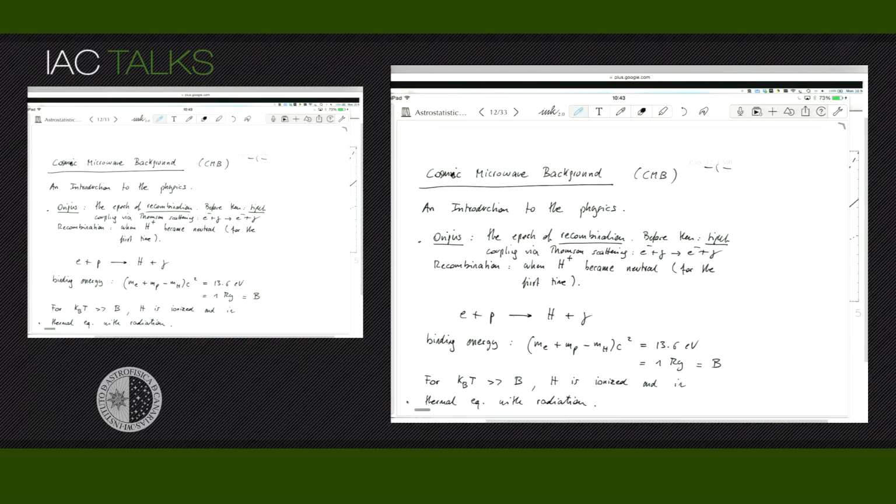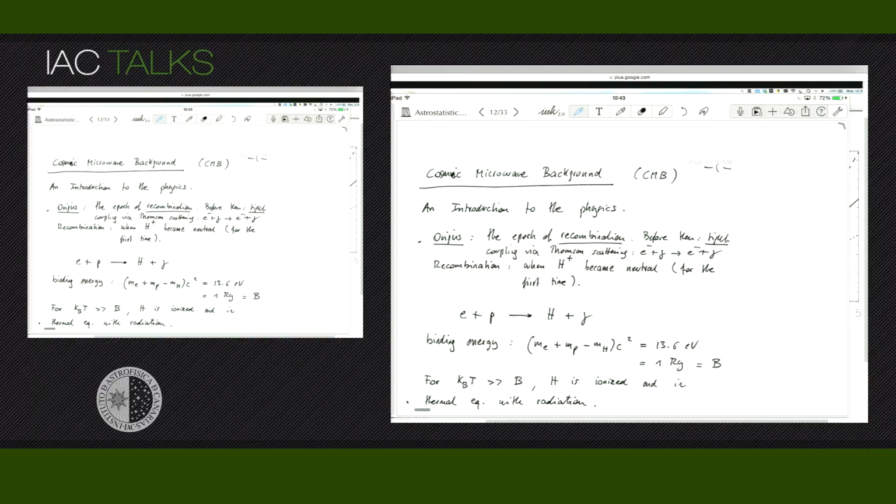You had a bath of high-energy photons going around, and that meant that every time protons captured free electrons, a photon would immediately reionize that atom. And so what you have is essentially a plasma, and that plasma meant that you had free electrons.